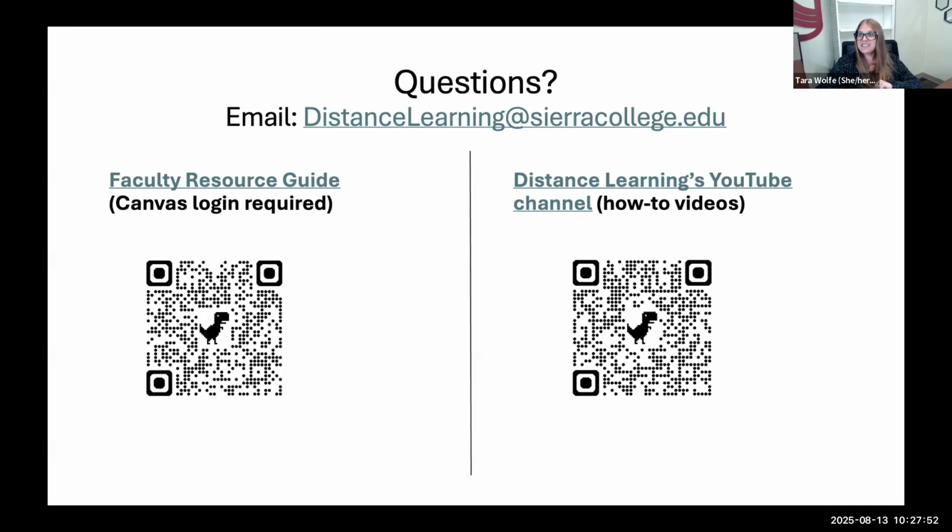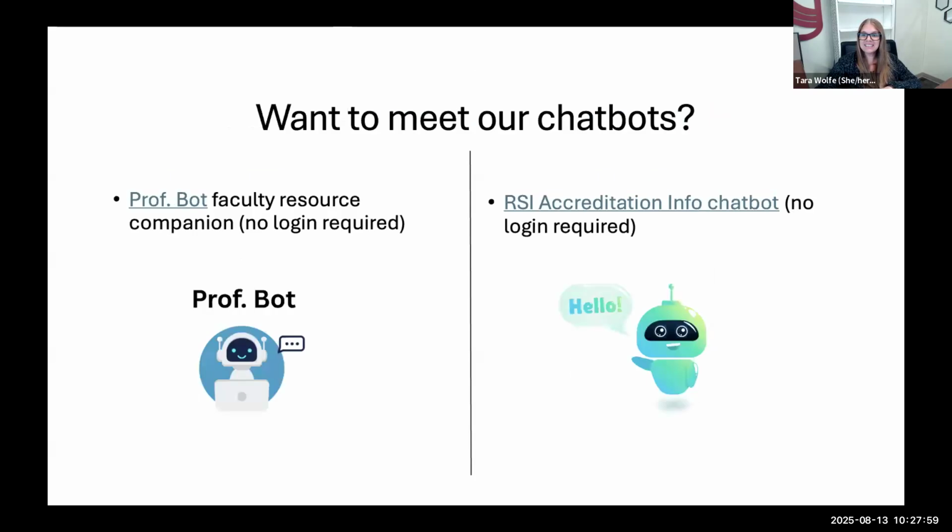And our latest exciting project has been creating 2 new chatbots through PlayLab. If you want to hop to the next slide. So we have ProfBot, which is like a companion to the faculty resource guide. These chatbots do not take your information to use for any sort of AI training. PlayLab is a nonprofit that came out of UC Berkeley, so we're trying to be responsible with our information here. It may use some AI generated responses for its language, but it's mostly based on information that we have put in here.